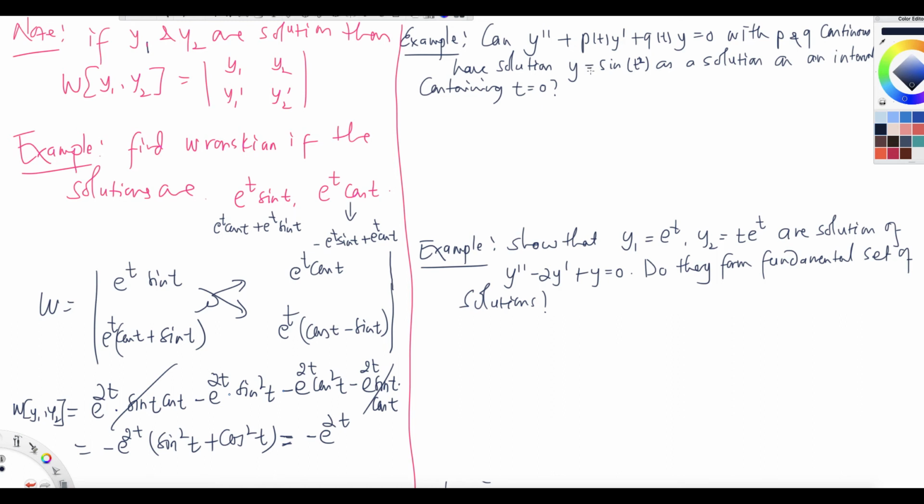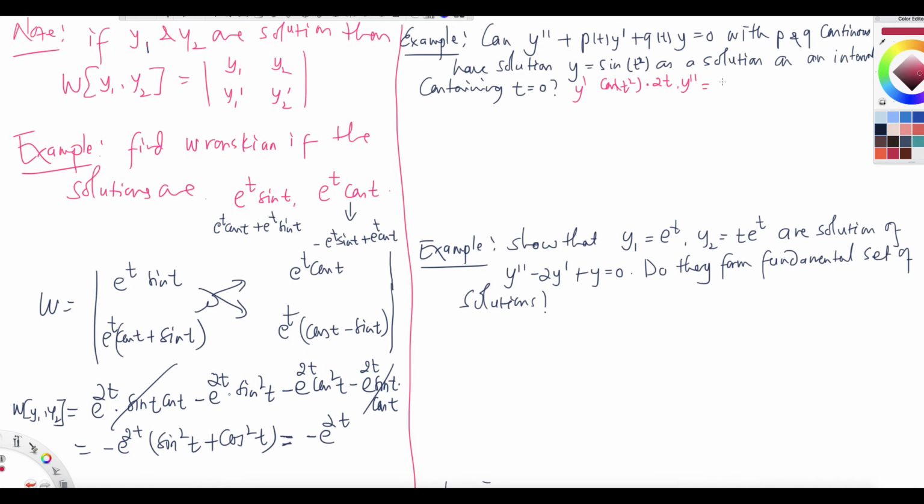Okay, so what is the derivative of y here? The first derivative will be cosine t square, right, times 2t. That's the first derivative. What is the second derivative? The second derivative will be the product rule on this, right?